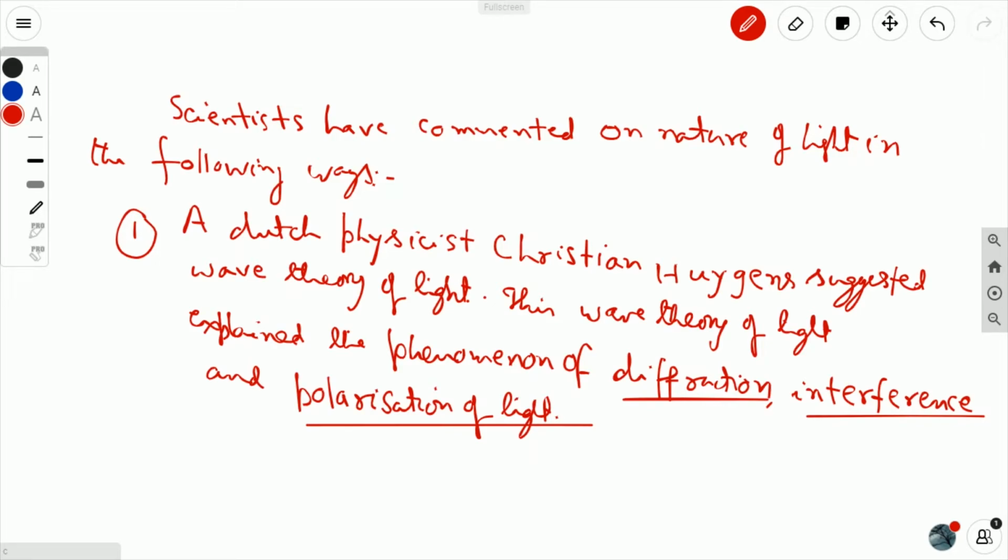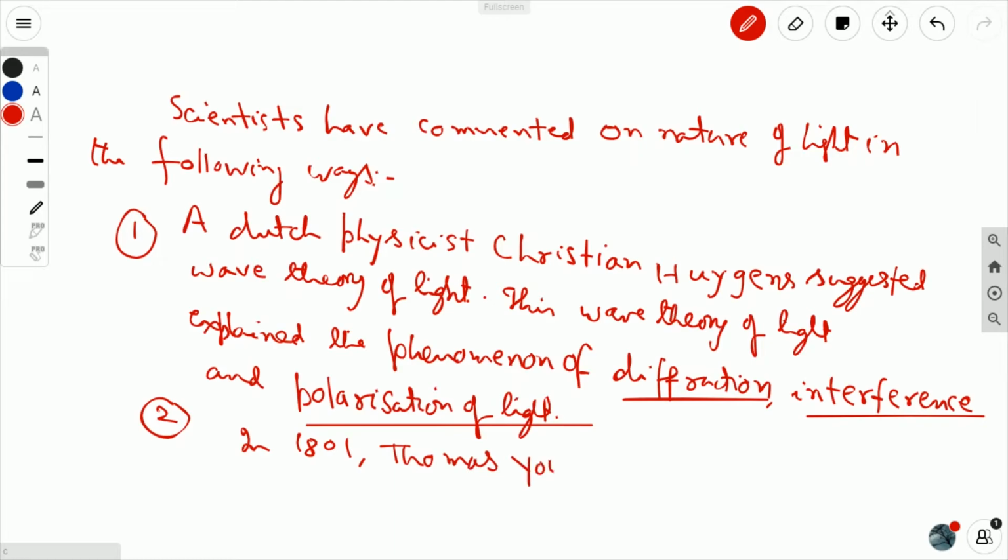Secondly, in the year 1801, there was another scientist, Thomas Young.